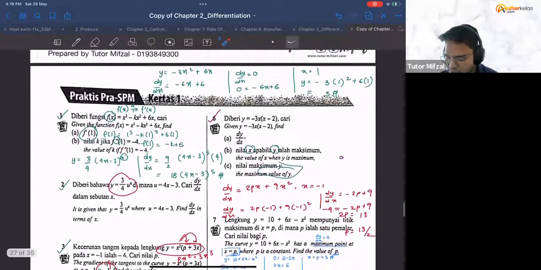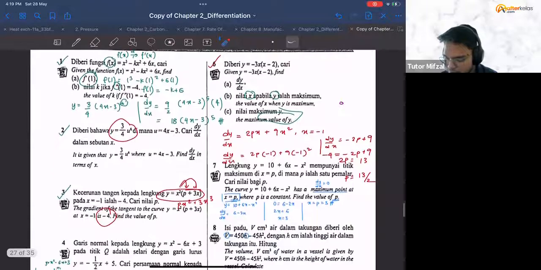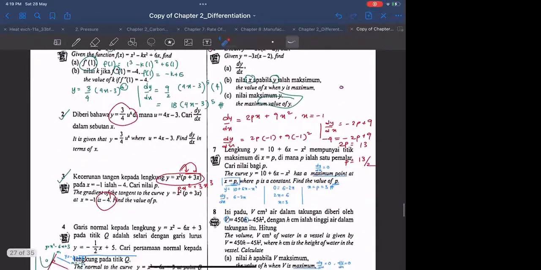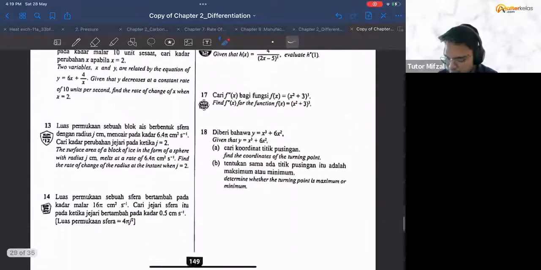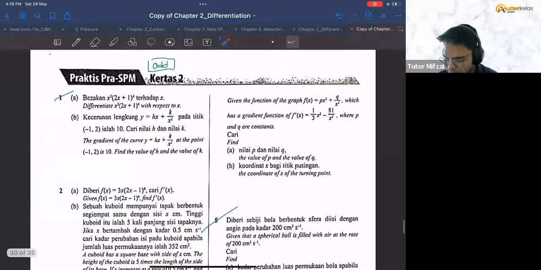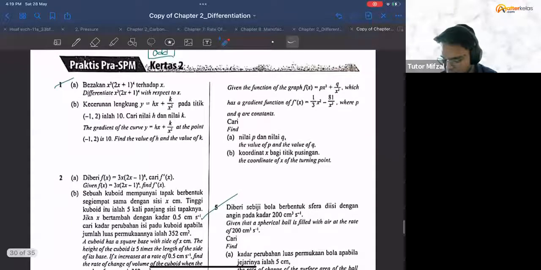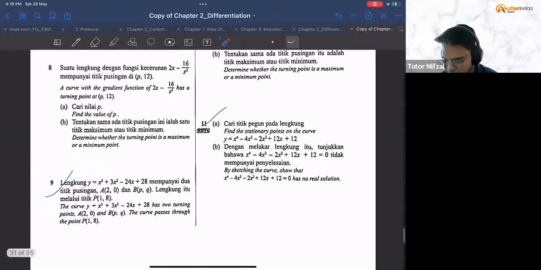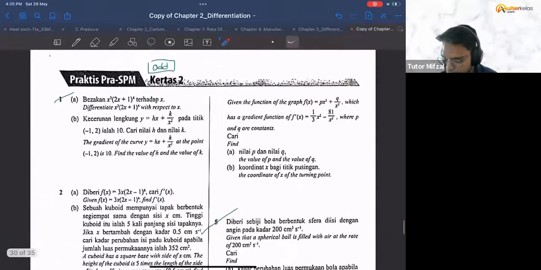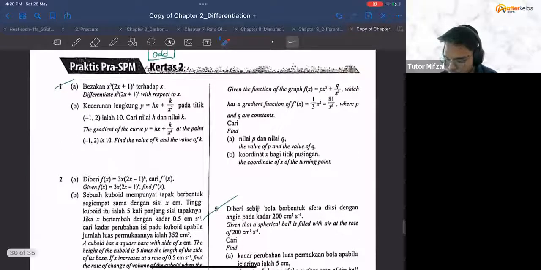Emily, do you have any questions that you want to ask? No, sir. Okay. Alright, let's take a break for 1 minute, and then we shall proceed with paper 2. Paper 2 is slightly longer lah. Okay, breathe in, breathe out.